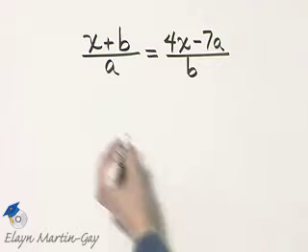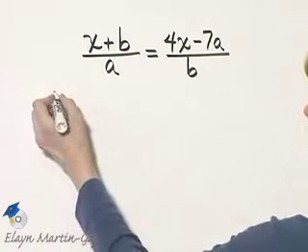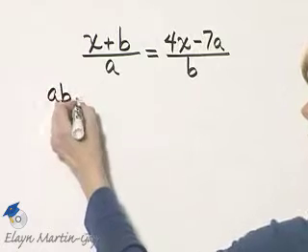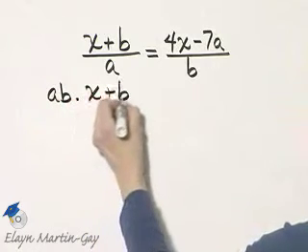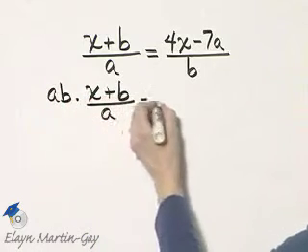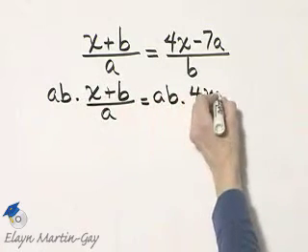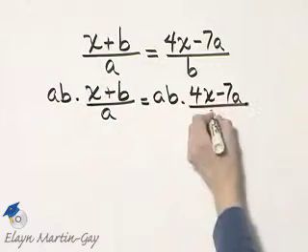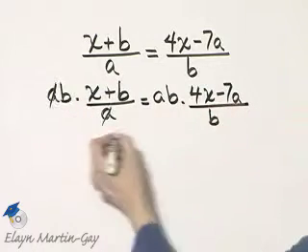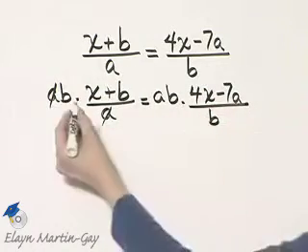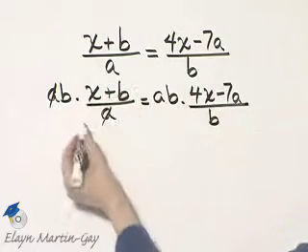The LCD is AB, so I'll multiply the left side by AB, and I'll multiply the right side by AB. And let's see what happens. Notice the a's divide out, and if you don't mind, I'll go ahead and multiply b times this binomial.